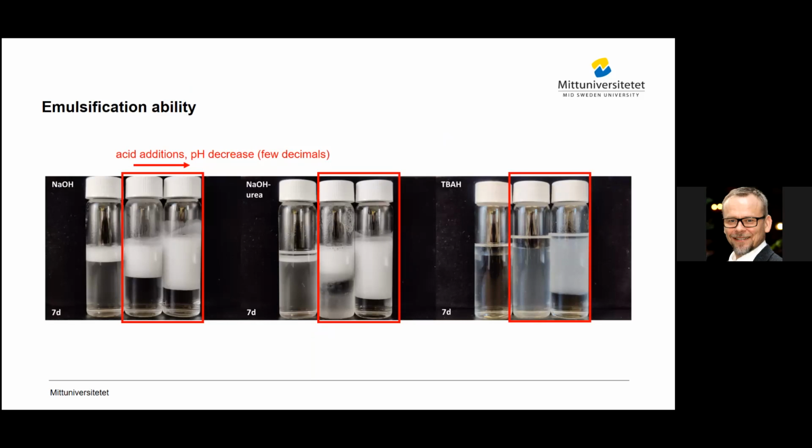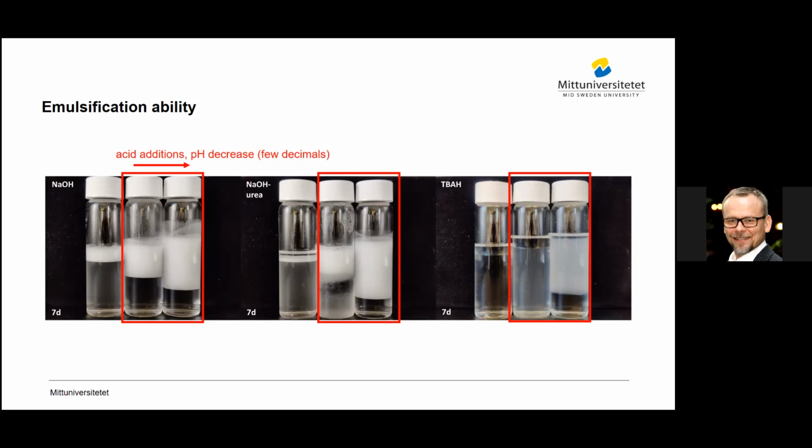So if we take our samples and start to play with the solvent quality, which you can do by changing the pH, you decrease it very, very little. You have your samples in the alkaline media, both the sodium hydroxide urea and the TBAH, and then you decrease pH similarly in all these cases. You can see that you start to have a larger creaming layer when you go down.